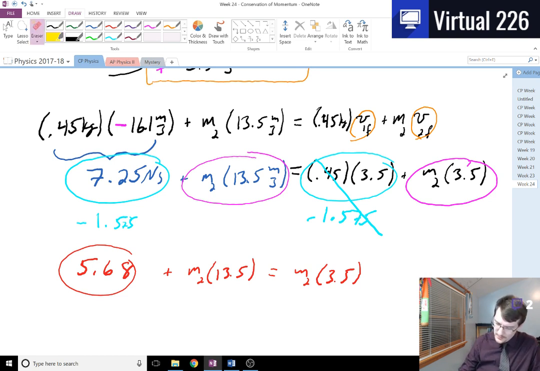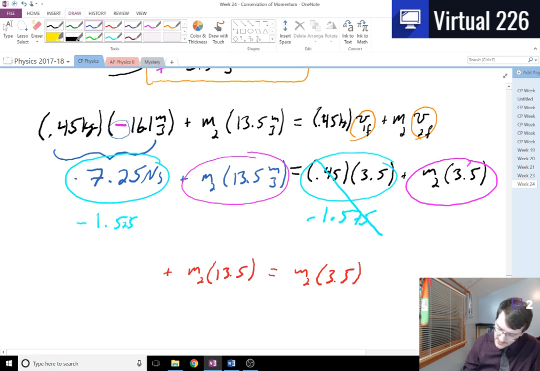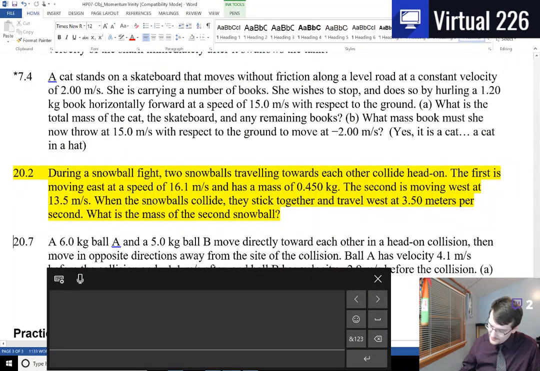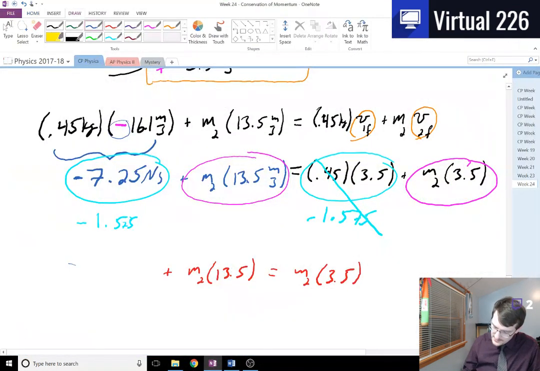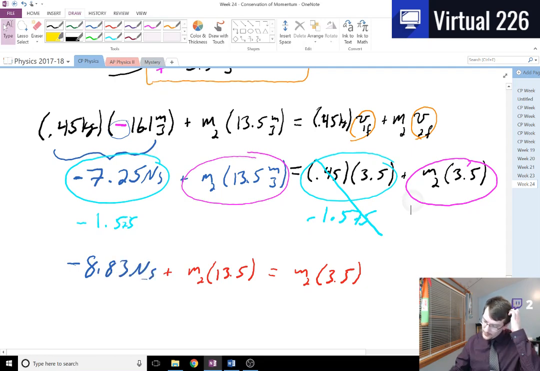What happened, and this might happen to you, so if you ever notice that, be aware, is I forgot my negative up here. People forget this all the time, and look, I did it too. When we have negative 7.25 minus 1.58, this is going to give us on this side a negative 8.83 newton seconds. That works out a whole lot better.